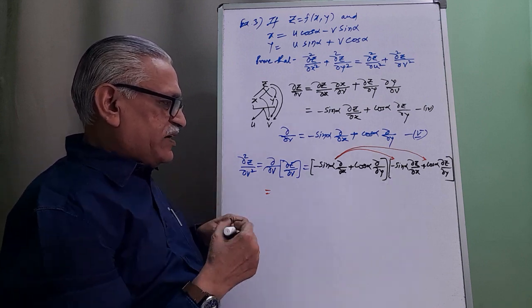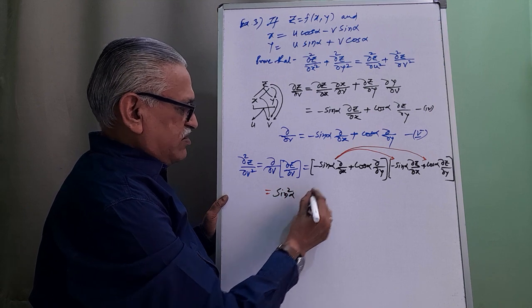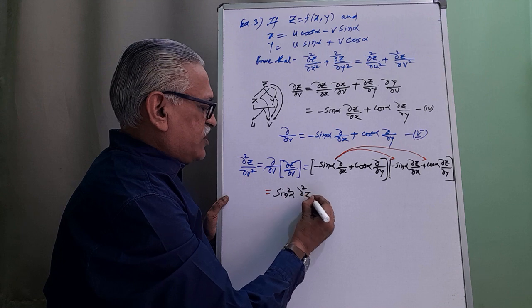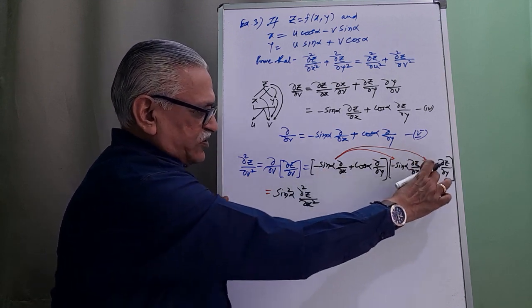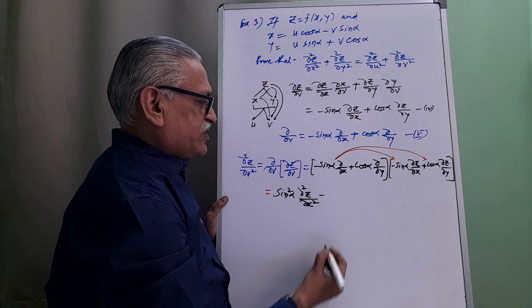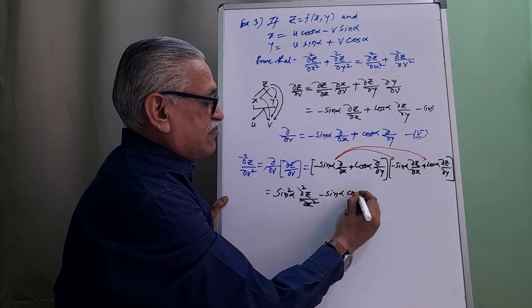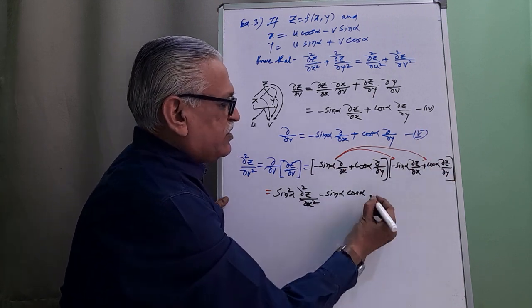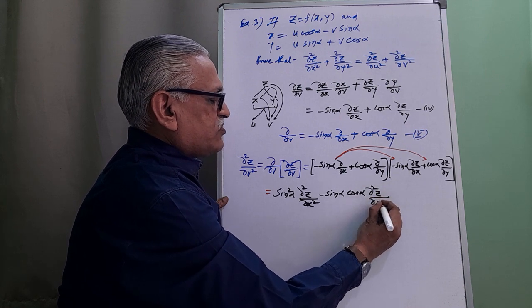minus sin alpha into minus sin alpha, that becomes sin² alpha, ∂/∂x of ∂z/∂x, that becomes ∂²z/∂x². This into this, that product is minus sin alpha cos alpha. ∂/∂x of ∂z/∂y becomes ∂²z/∂x∂y.